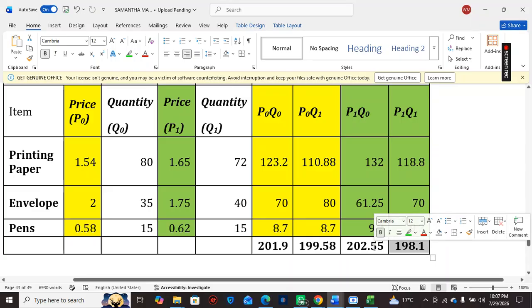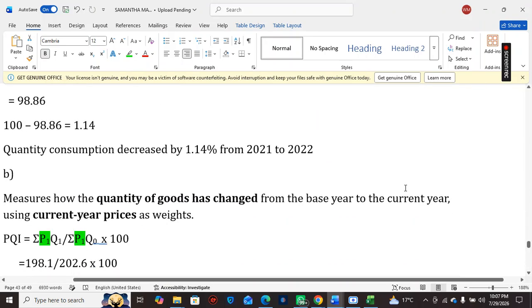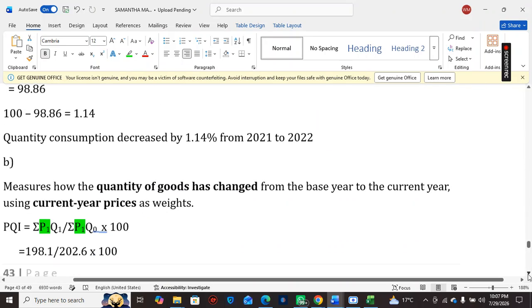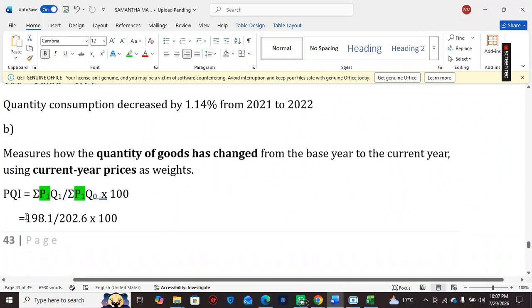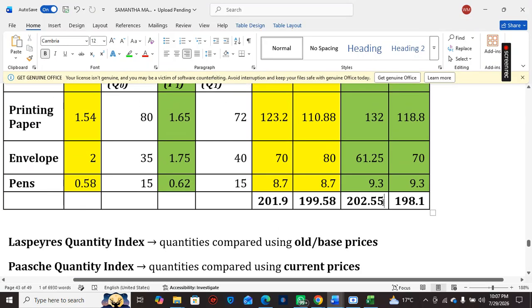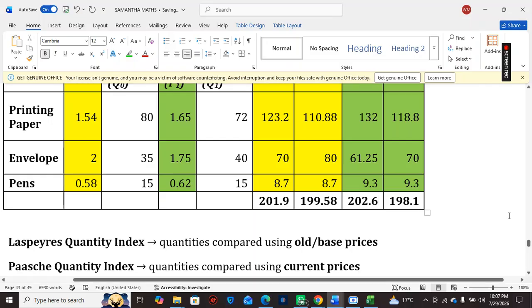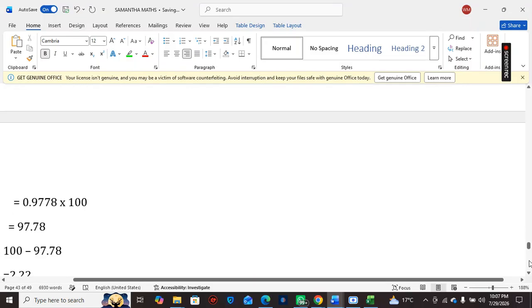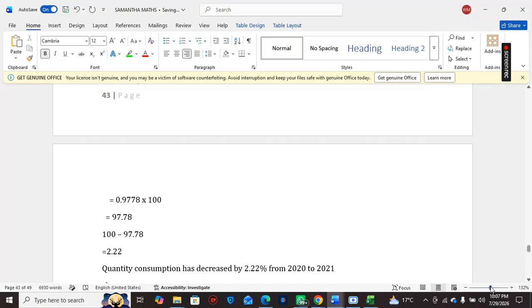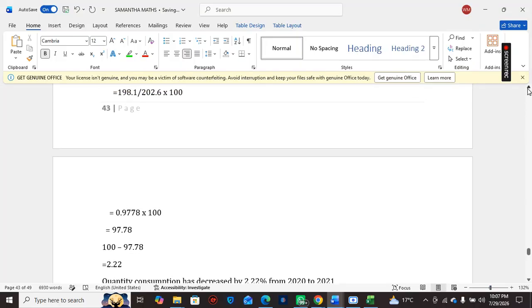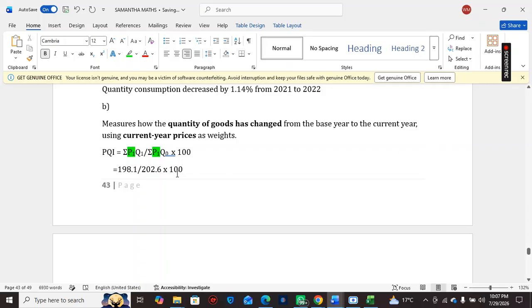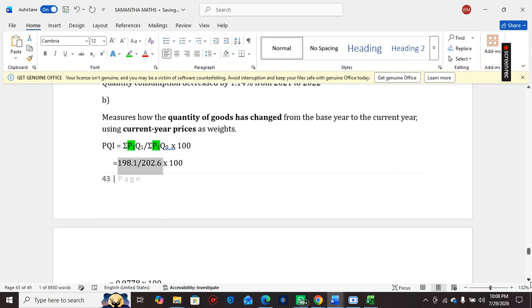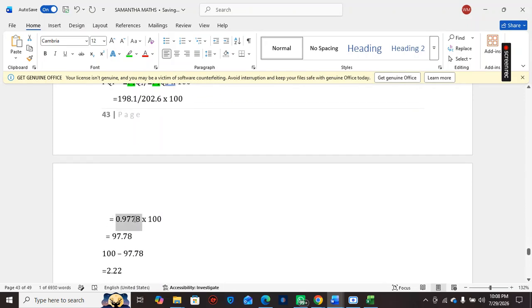So 198.1 divided by 202.55, which I rounded off to 202.6. So you see 198.1 divided by 202.6, you're going to get 0.9778.